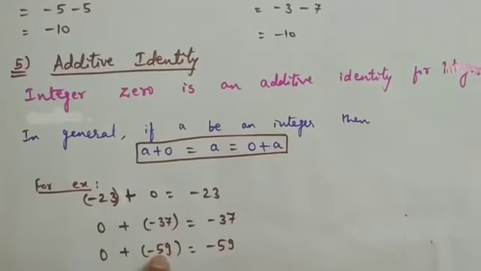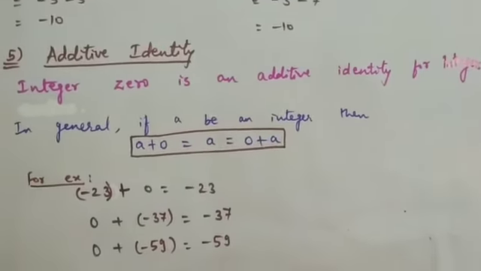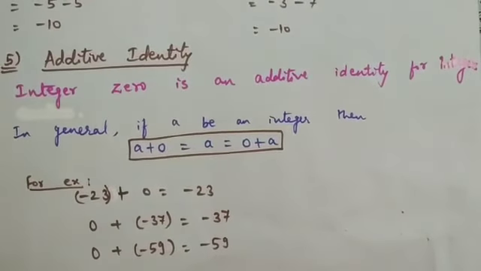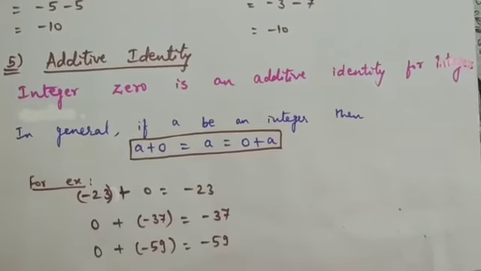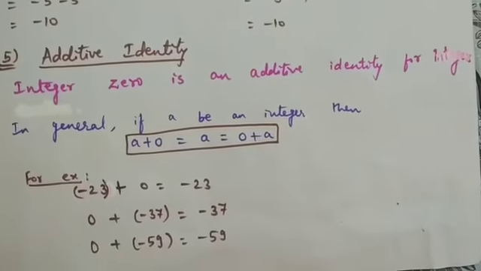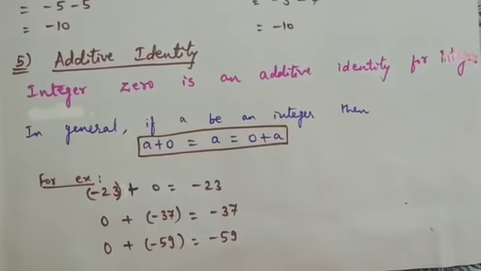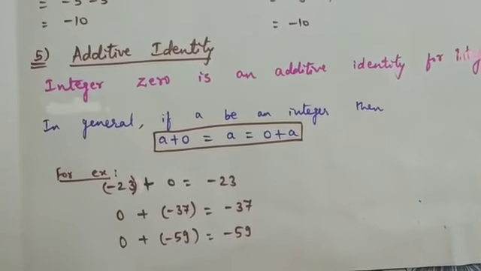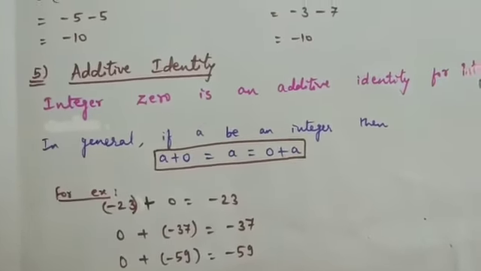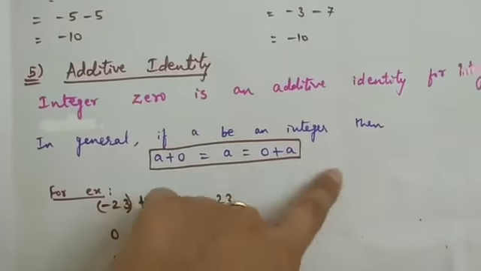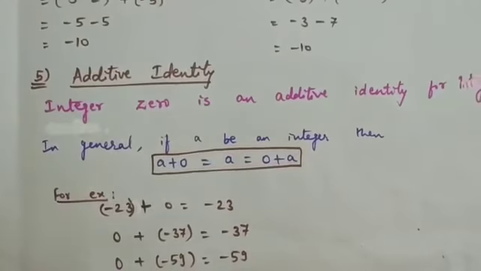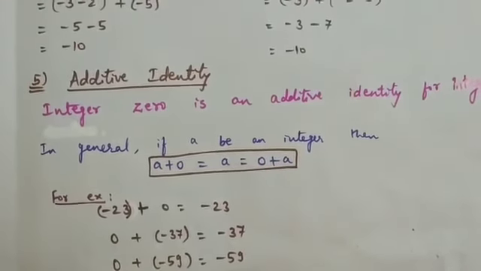If 0 is added to minus 59, you get minus 59. If you add 4 with 0, you get 4. So, students, as you all know, if any number is added to 0, you get that number itself. So in general, we say that if a is any integer, then a plus 0 equals a. So integer 0 is an identity for integers.